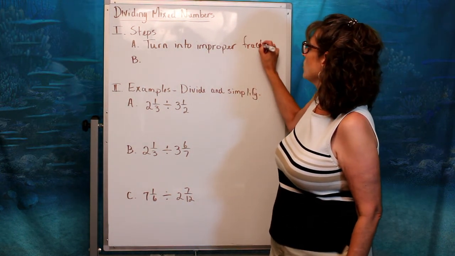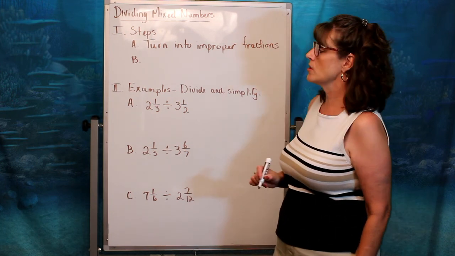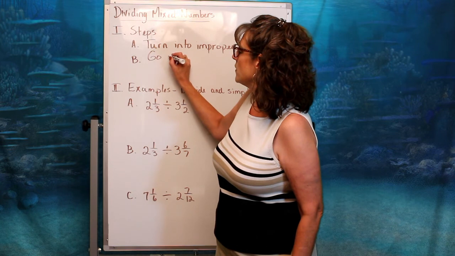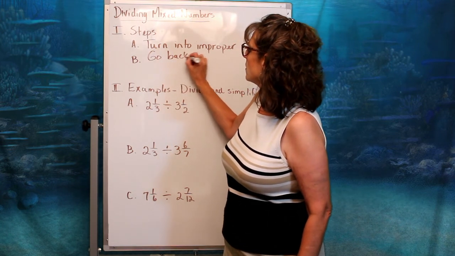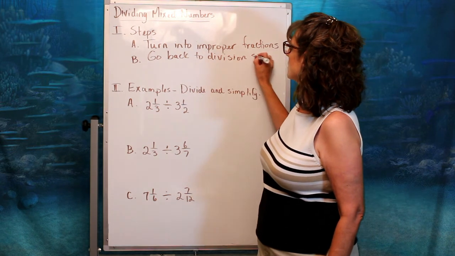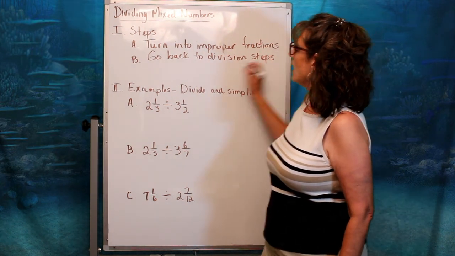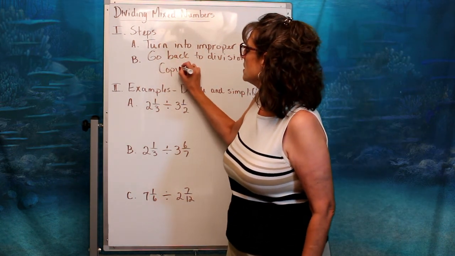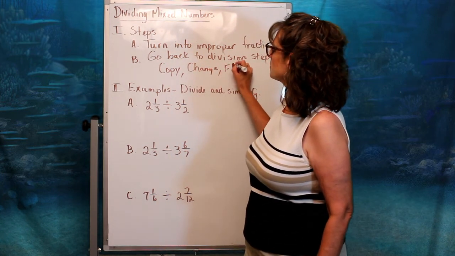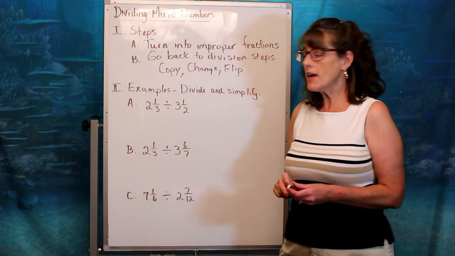I don't have any rules for mixed numbers. And then I'm going to go back to division steps, that is. And remember, that just simply means copy, change, flip. So let's try that out then.